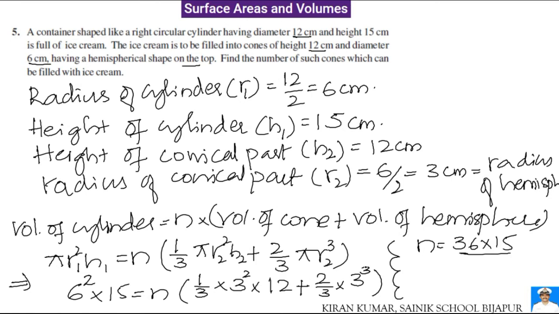Here one of the 3 gets cancelled, 3 square is 9, 9 times 2 is 18, 18 added to 36 is 54. Simplify this, we get n value as 10. So the number of cones filled with ice cream is 10.